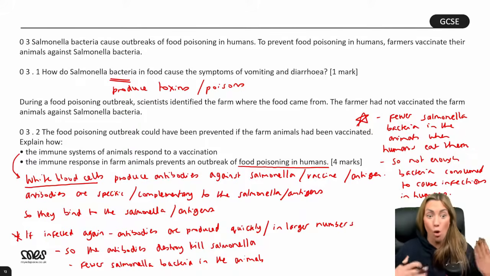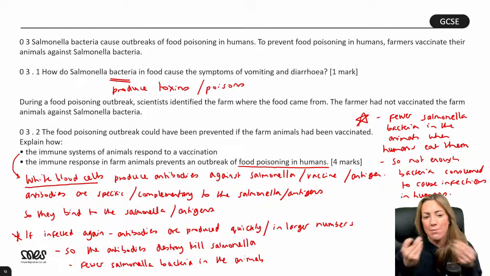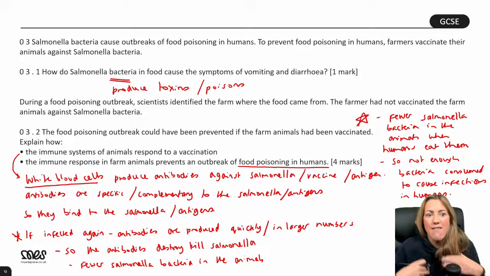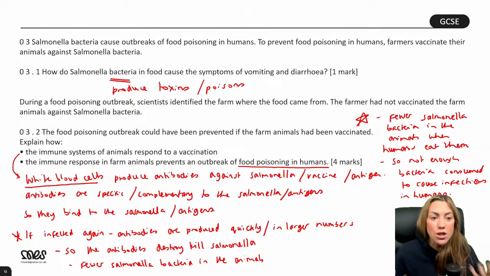You had to get all the way to why is this then likely to cause food poisoning in humans? So you had to convey the idea that, well, if there's less salmonella in the animals, there's going to be fewer bacteria in the foods that the humans consume when they eat animal products. And if there's less bacteria in the foods that humans consume, there's going to be less bacteria in their bodies to cause infection or producing toxins. So they are also less likely to get ill.